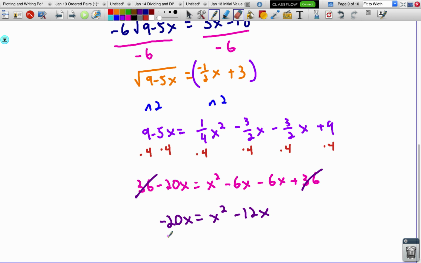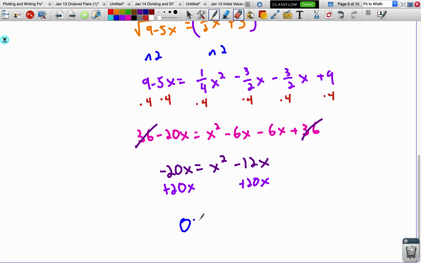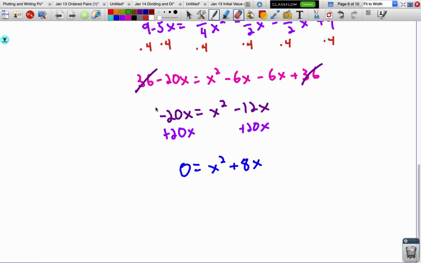Move that 20x over, and I get 0 equals x squared plus 8x. You can factor out an x here, so 0 equals x times x plus 8. And I get x equals 0 and x equals negative 8 by factor theorem.